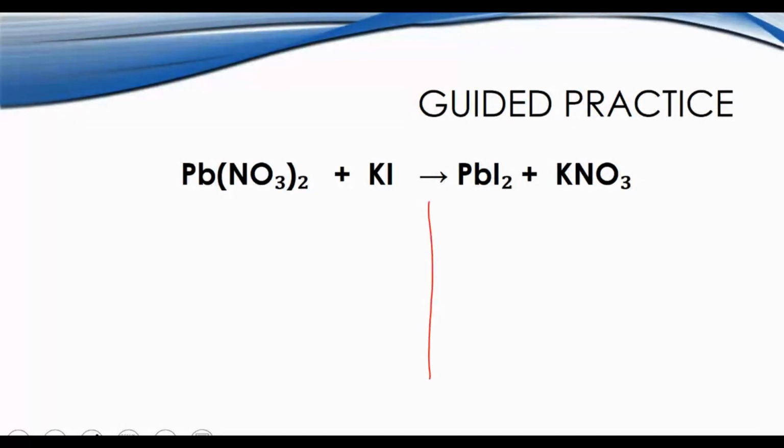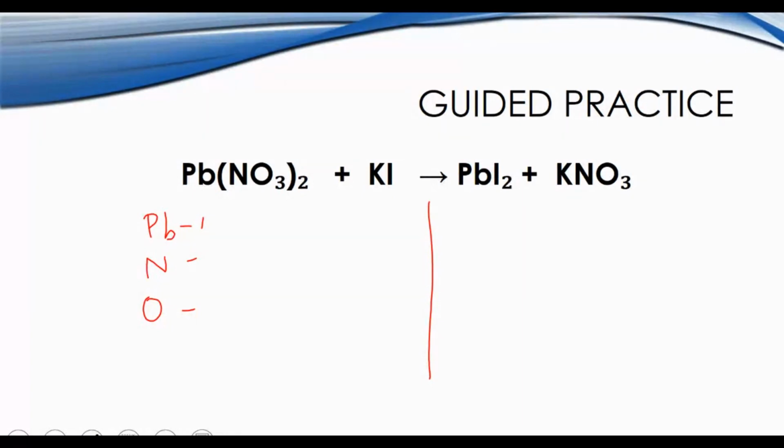Same process, okay? Make your list. So I'm going to do that. I see lead. There's only one. I see nitrogen and I see oxygen. Now, just like in algebra that you have that distributive property, here would be the same thing.